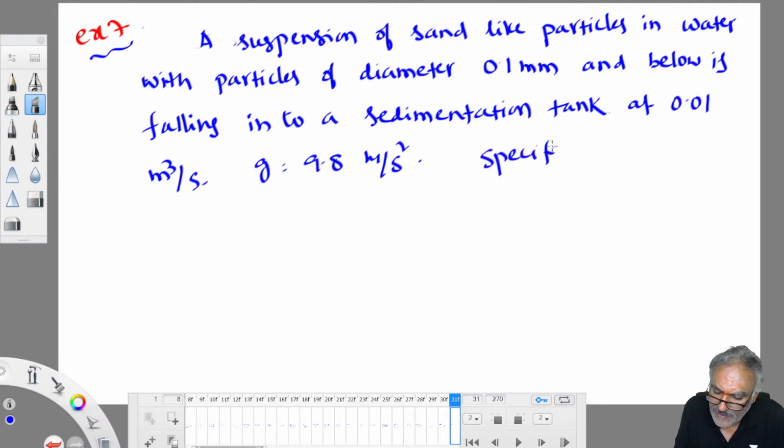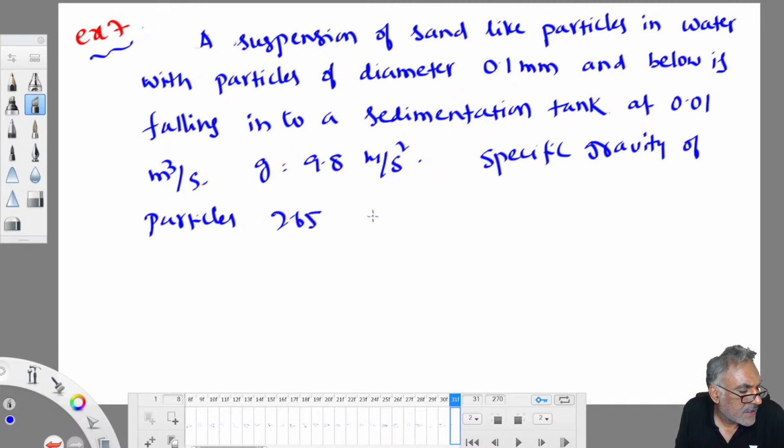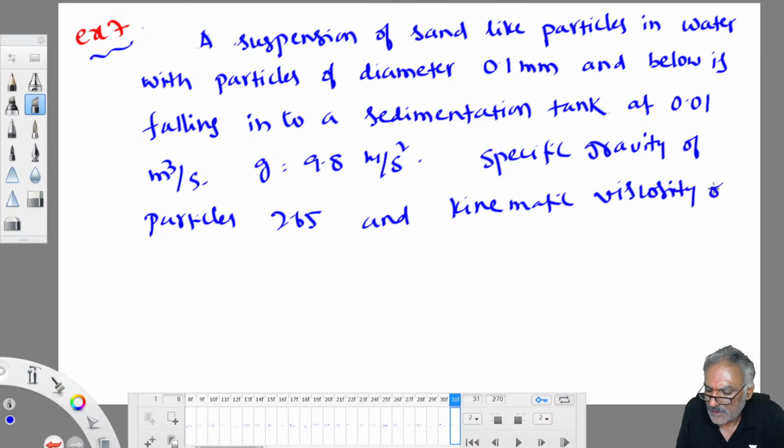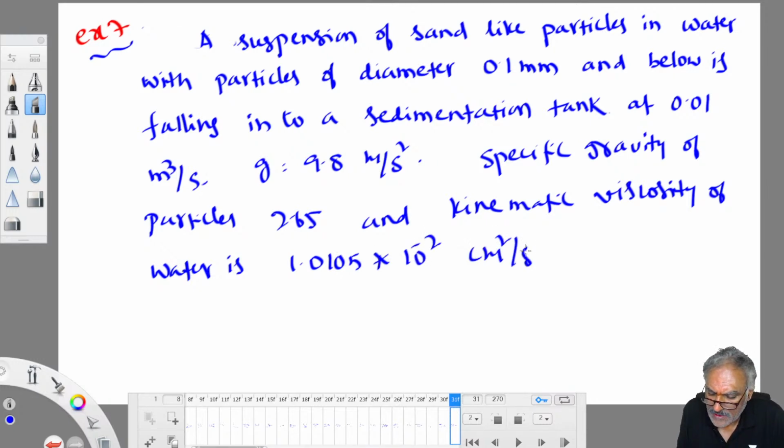Specific gravity of particles is given as 2.65 and kinematic viscosity of water is 1.0105 into 10 power minus 2 centimeter square per second. He has given like this.